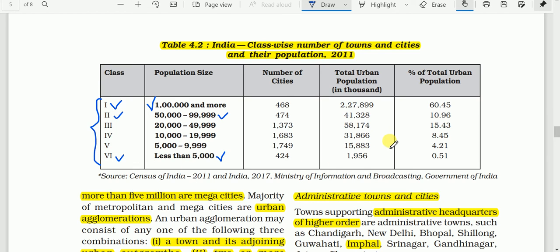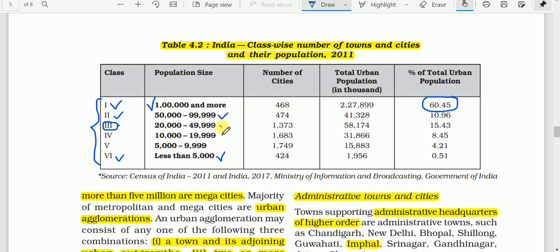And here total urban population is given. So when we examine this table very carefully, we find that class 1 town shares the maximum number of urban dwellers in India, around 60.45%. And then next we have class 3 town.